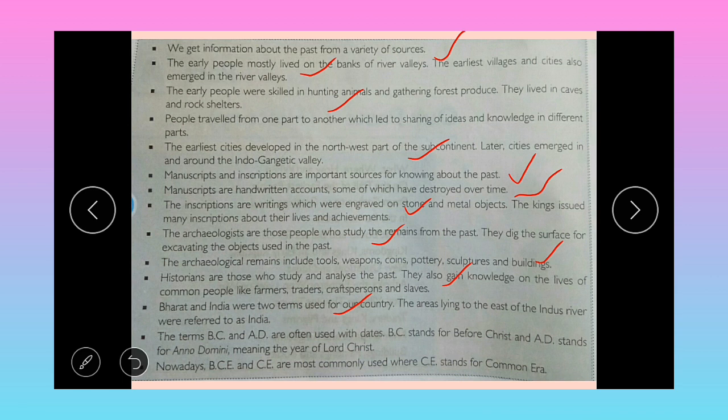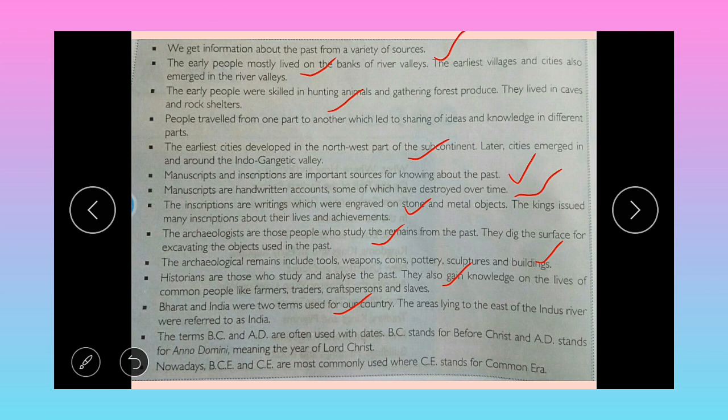And AD means Anno Domini, the full form of AD is Anno Domini. The meaning of AD is in the year of the Lord, the years after the birth of Jesus Christ are called AD.